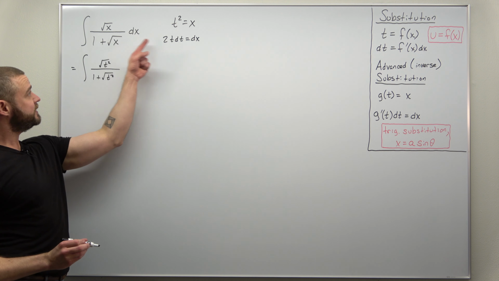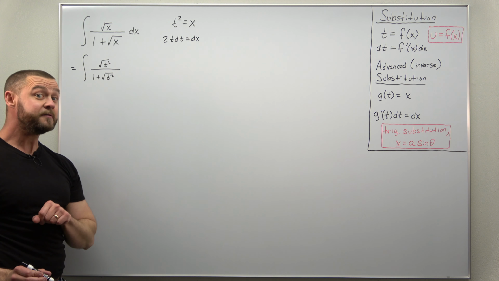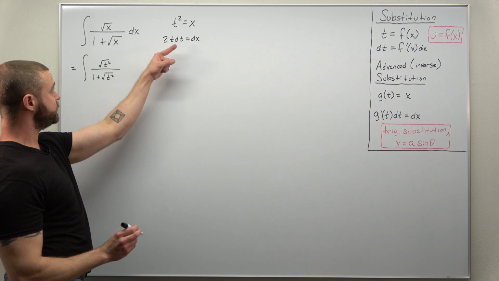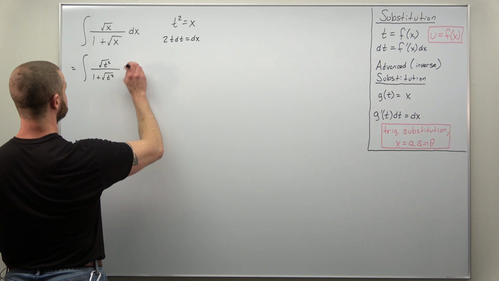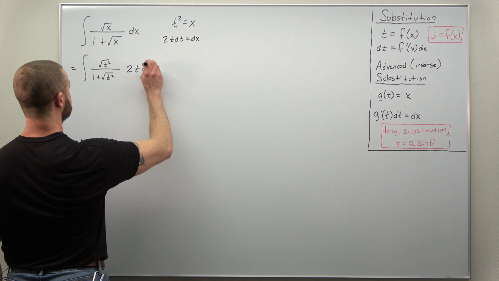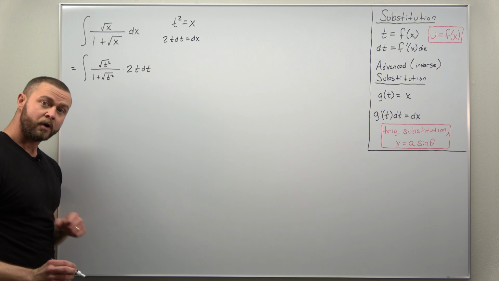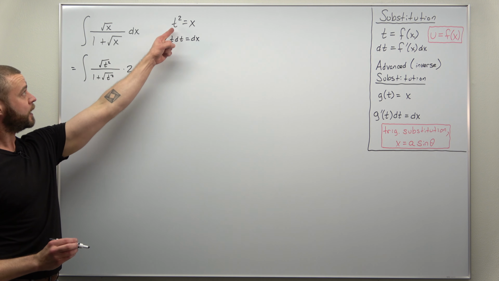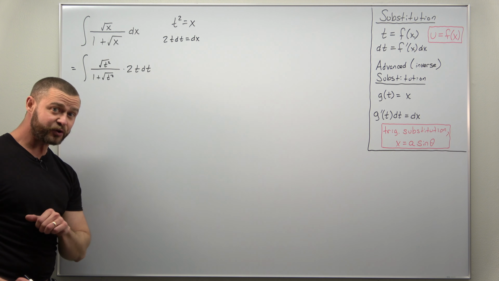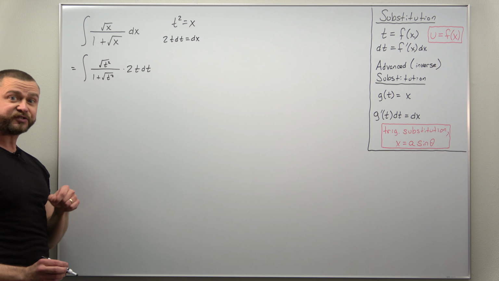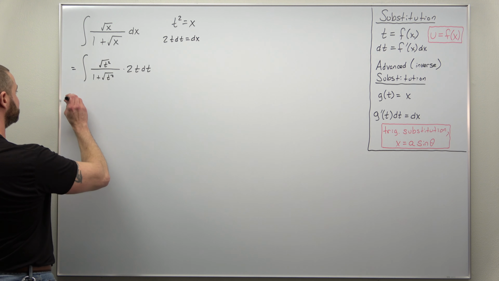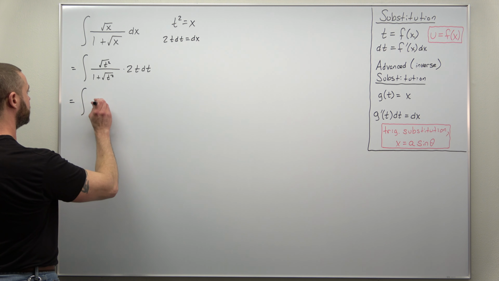And we have to convert dx from our inverse or advanced substitution, 2t dt. All right, and notice from our choice of g of t, t squared, that's going to cancel out the square roots. And if we simplify this, we get the integral.